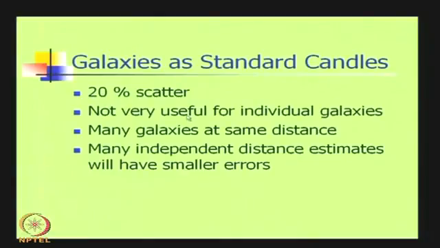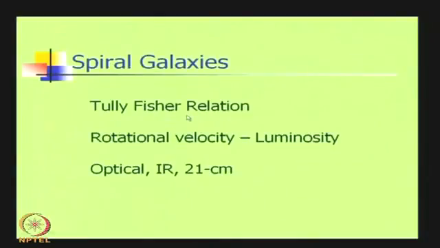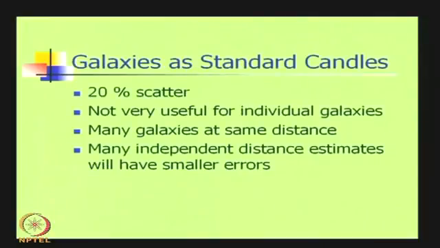So, these relations are not precise, there is a 20% uncertainty, which you do not want in your Hubble parameter. So, this uncertainty in the distance is also going to be of the order of 20%, and it is not very useful to use these methods for individual galaxies. If you want to determine the Hubble parameter, it is not very useful, because it will have large uncertainties.